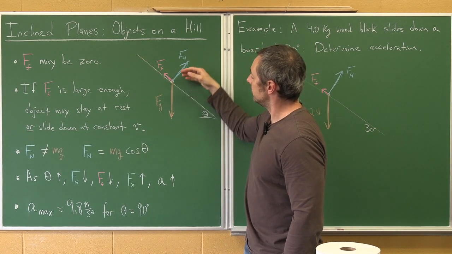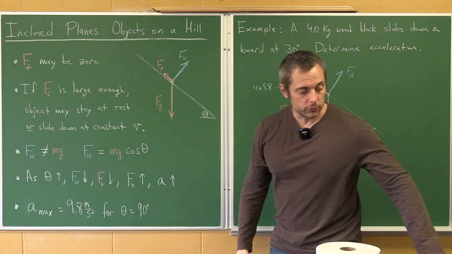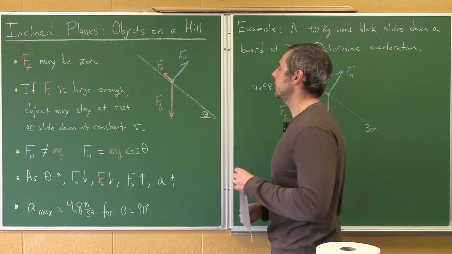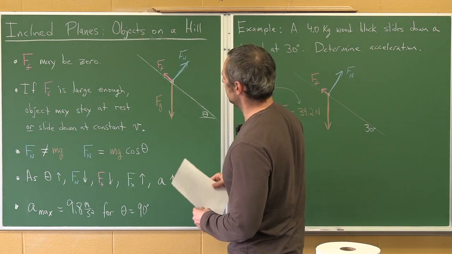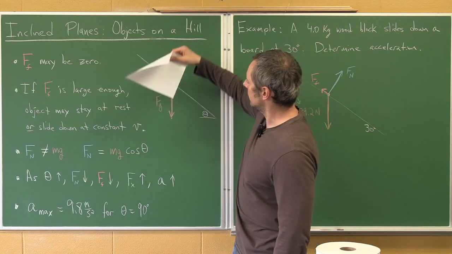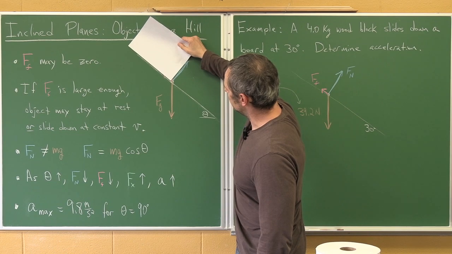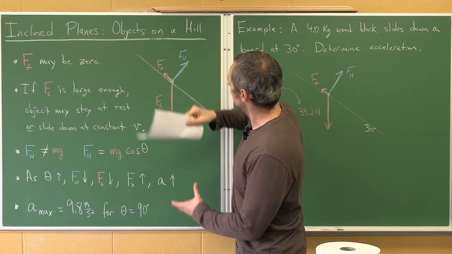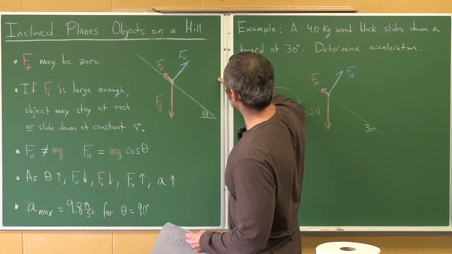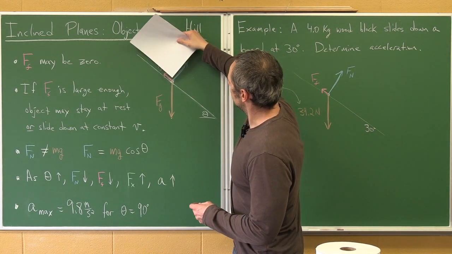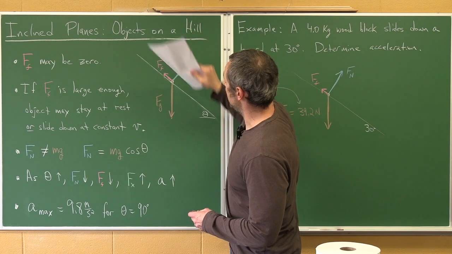If it doesn't snap, it's going to prevent this from going through, but the normal force it creates is always perpendicular to the surface. So I recommend you take something to guide you, like a sheet of paper. See what I've done? I've used the corner of the sheet of paper to truly draw this force perpendicular to the hill. A lot of times people do it like this or like this. So truly perpendicular, use the paper.